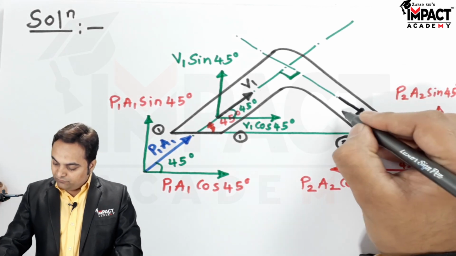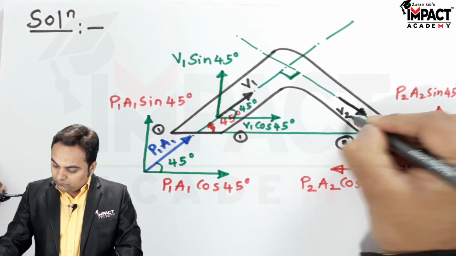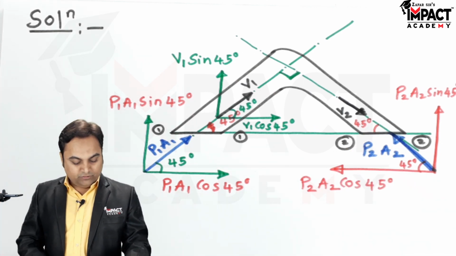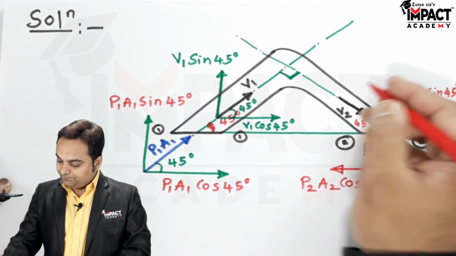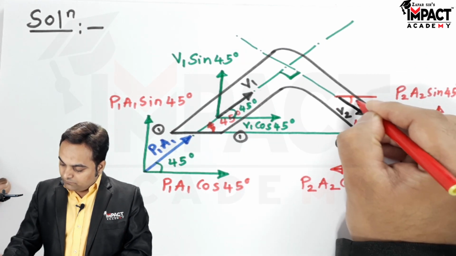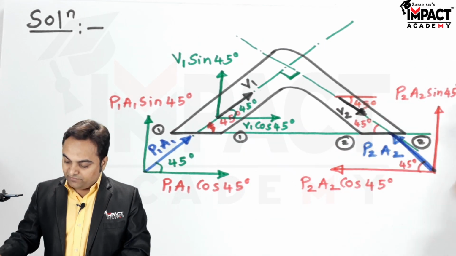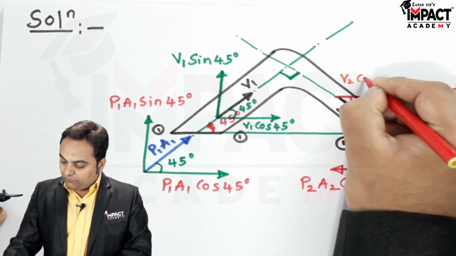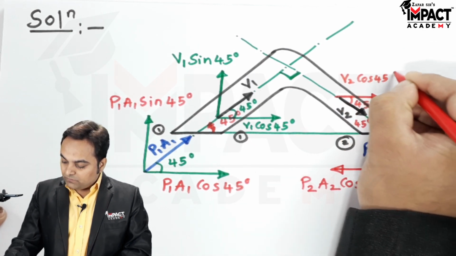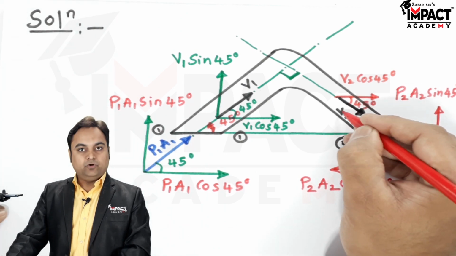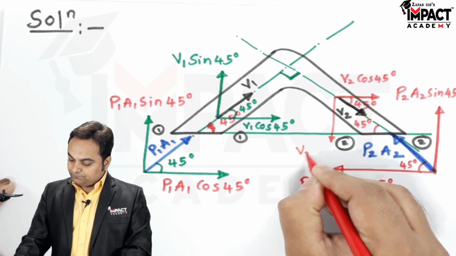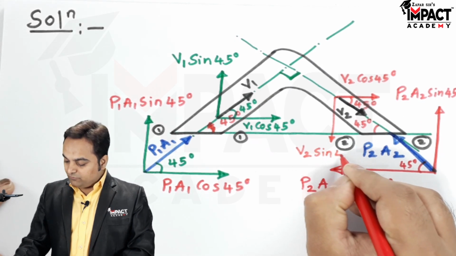This velocity is v2 in section 2nd. Now this is also inclined at an angle of 45 degrees to the horizontal. So here there is the inclination of 45 degrees, and the velocity component is v2 cos 45 degrees, since the angle is measured with respect to horizontal, and the vertical component will be v2 sin 45 degrees.